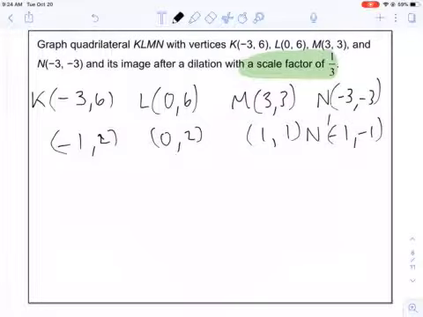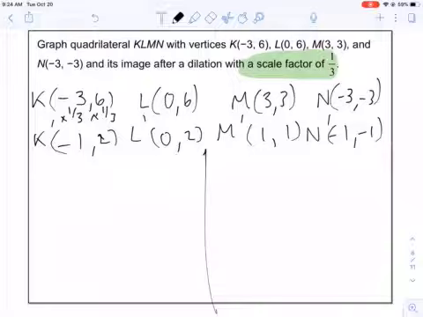Look at that. How exciting. We did it, through the power of video. Now again, if you're not sure what I did, I just multiplied all of these by 1/3. Okay, let's graph it and see what happens. Now it should be a reduction, so our picture should get smaller.